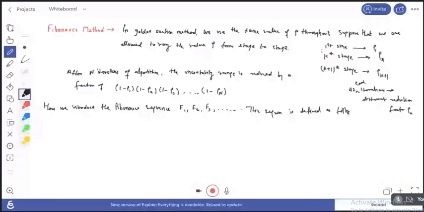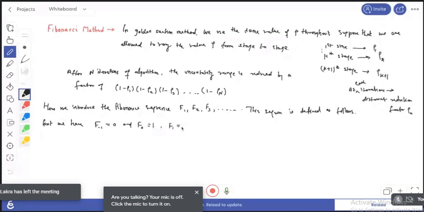First, by convention, the value of F of minus 1 is 0, F0 is 1, and F1 equals 1.